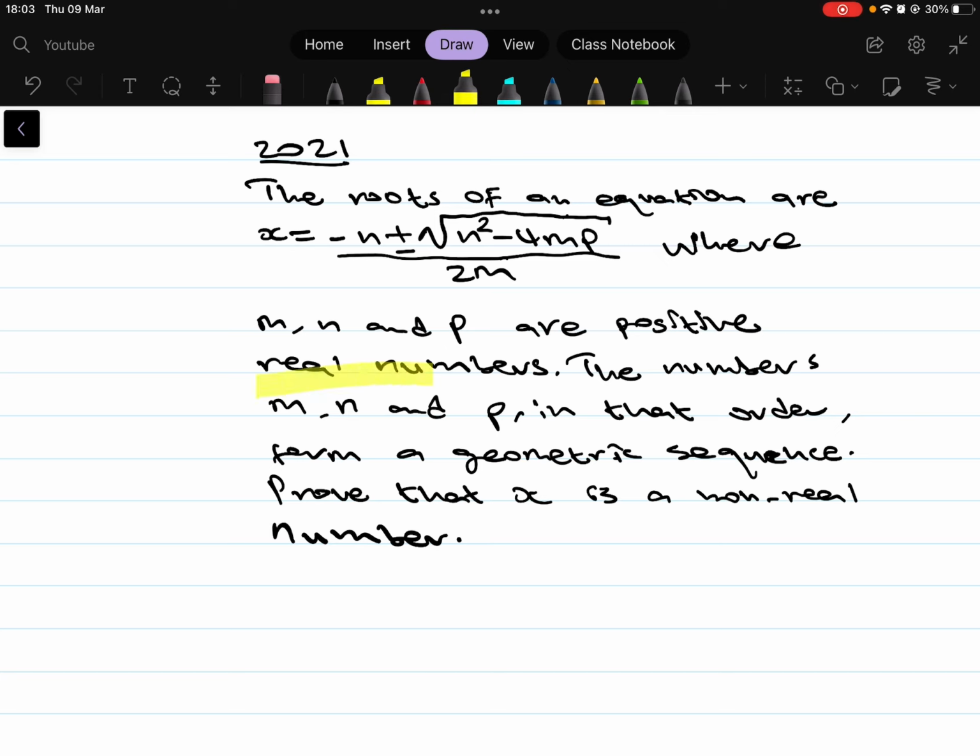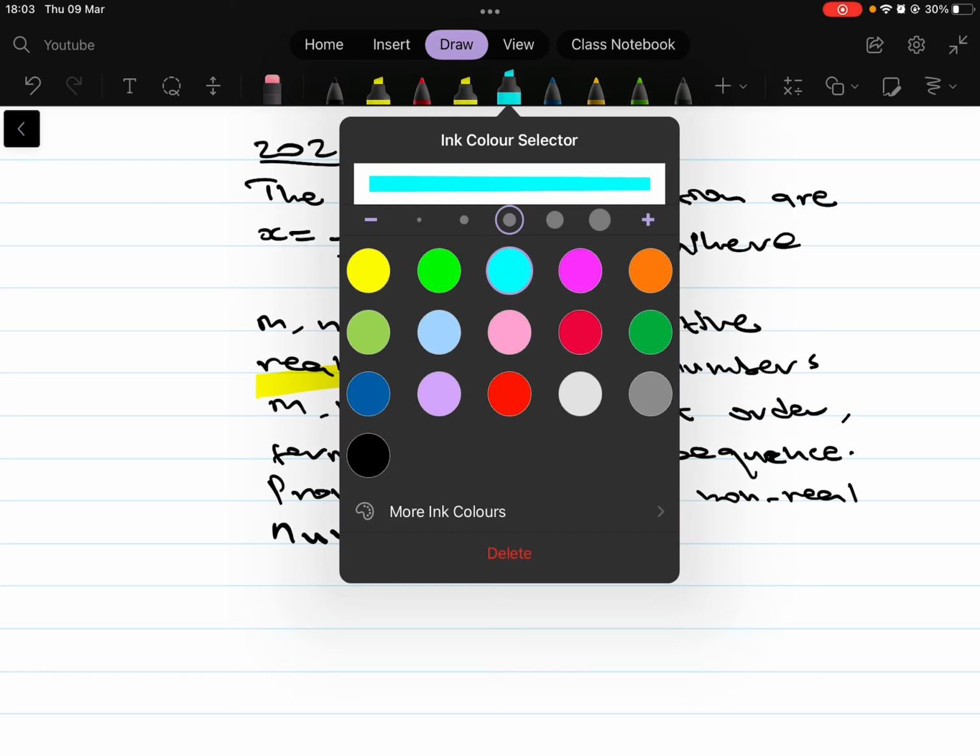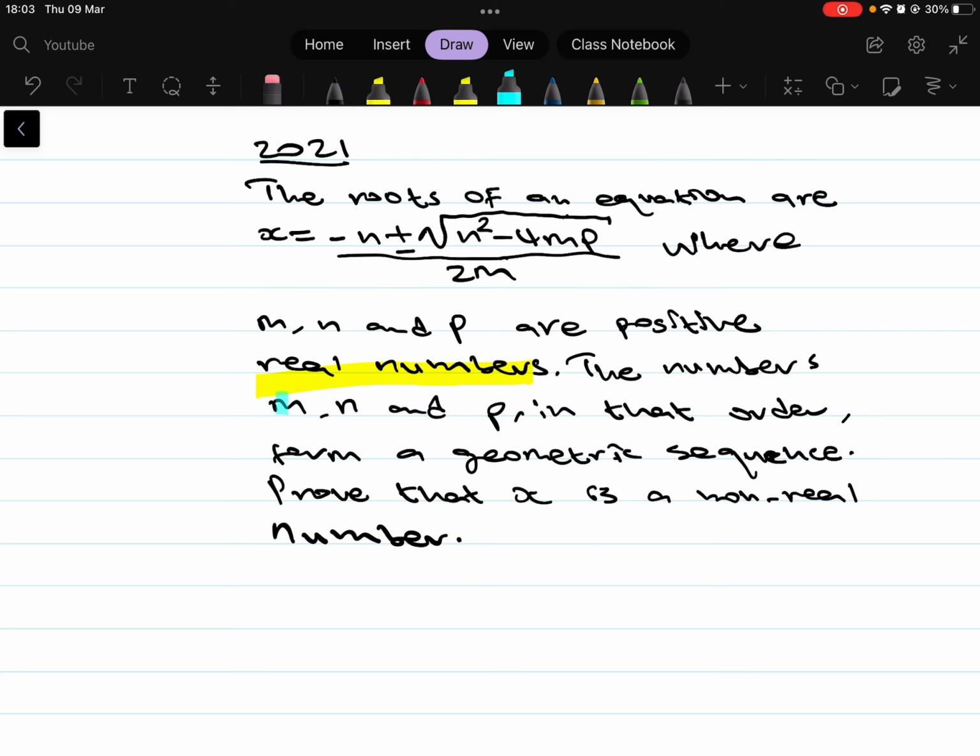The numbers m, n, and p in that order form a geometric sequence. Prove that x is an unreal number. So this is a geometric sequence, and we are required to prove that x is an unreal number.